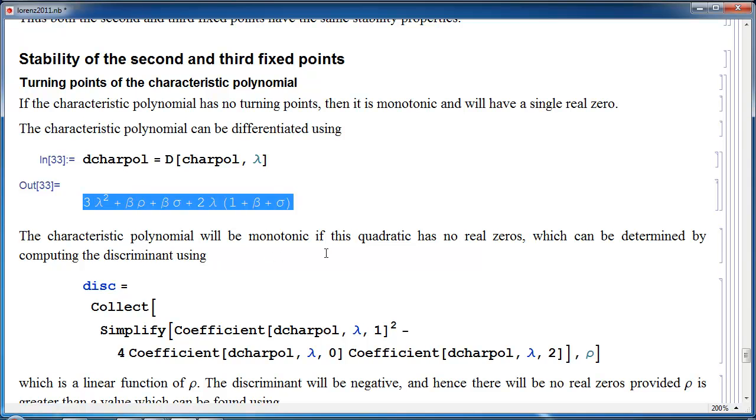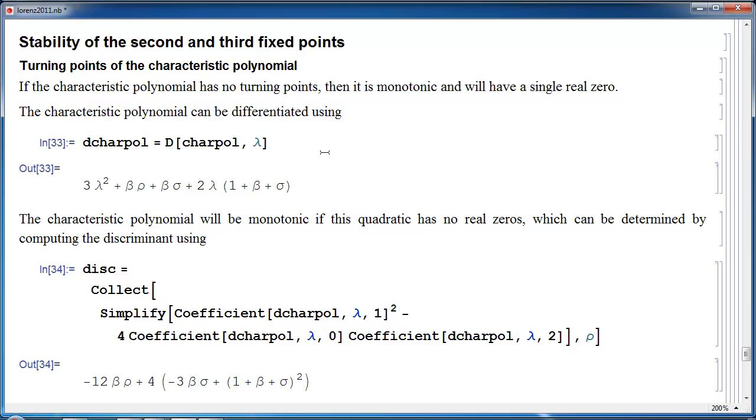On the other hand, if the quadratic has no real zeros, then it will have no turning points, and therefore be monotonic, and therefore only have one real zero. So the condition for that is on the discriminant of the quadratic equation for the derivative, which we can calculate using this.